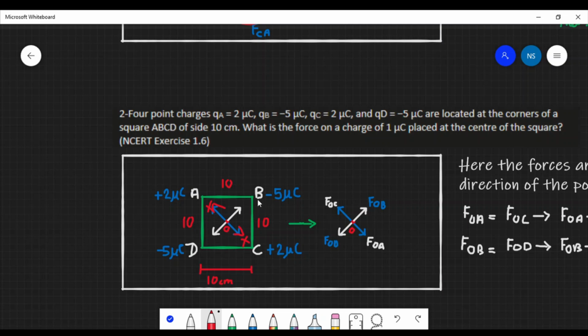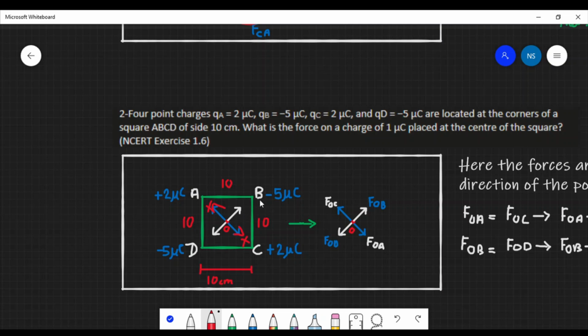Over here we see that at B minus 5 microcoulomb charge is there, and at D minus 5 microcoulomb charge is there. So again here the magnitude is same. Now let's see the direction. Since at center O there is a positive charge, that is 1 microcoulomb, and B is a negative charge, there will be an attraction.